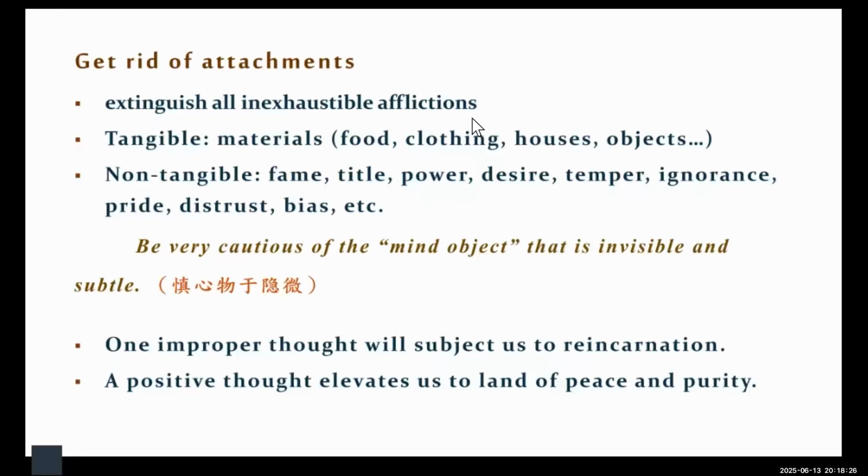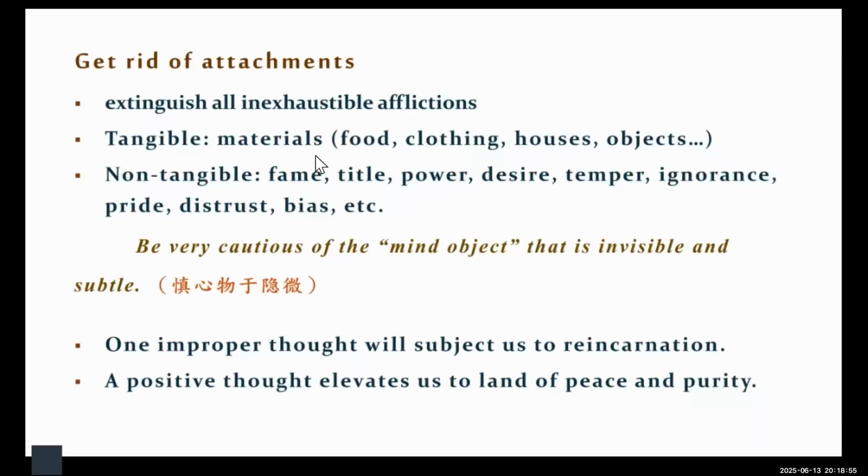We want to extinguish, to terminate all kinds of suffering, dukkha, we say affliction here. If we still have all this affliction, then there's no talking of cultivation, let alone arriving at a state of enlightenment.